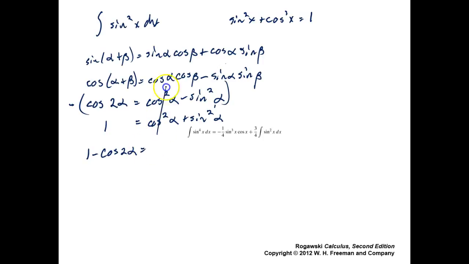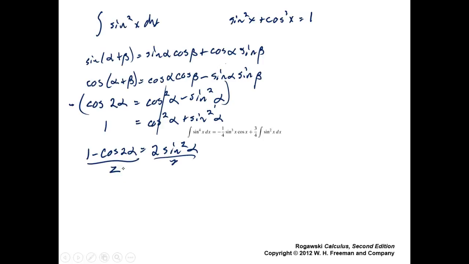And when I subtract these, the cosine squareds go out. And this would become, subtracting the top from the bottom, 2 sine squared alpha. And one more simple little step, divide by 2.